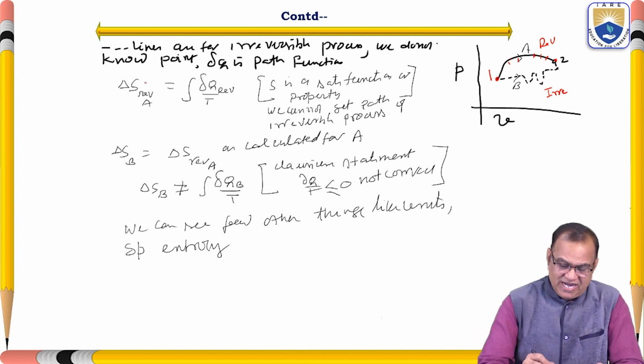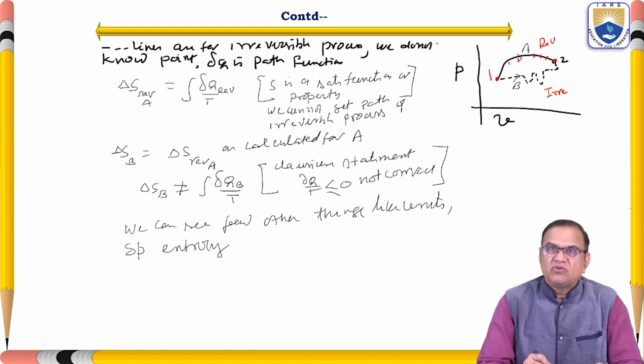So del Q is a path function, we know that. So we know that delta S reversible for path A is equal to delta Q reversible by T. Here S is a function of property. We cannot get the path on the irreversible process.